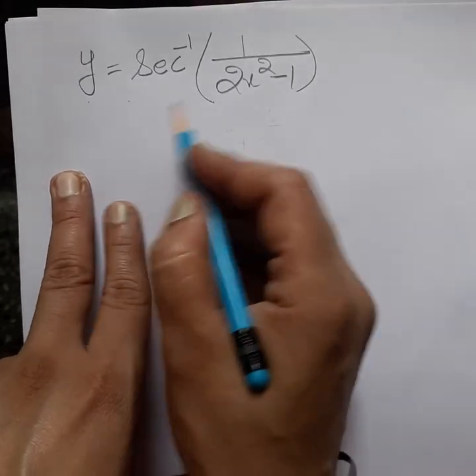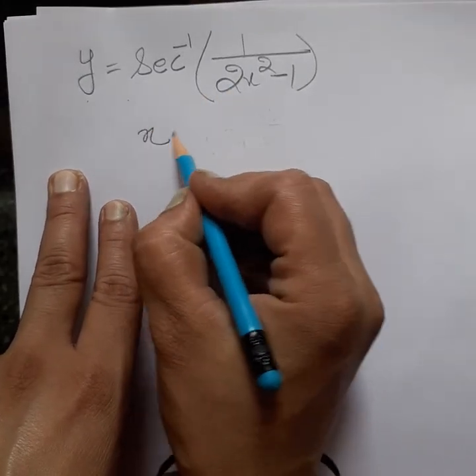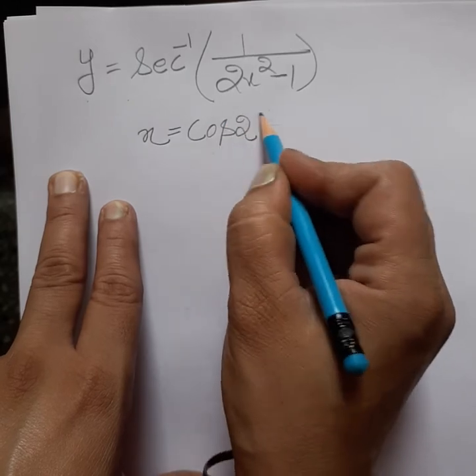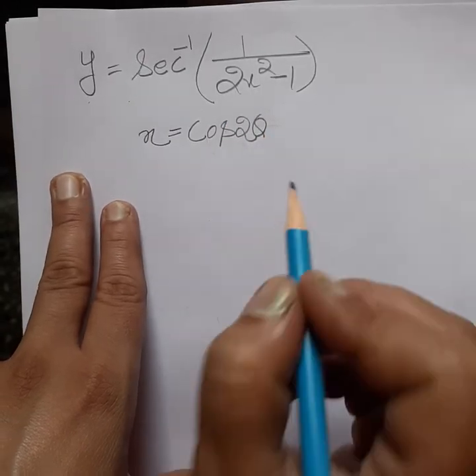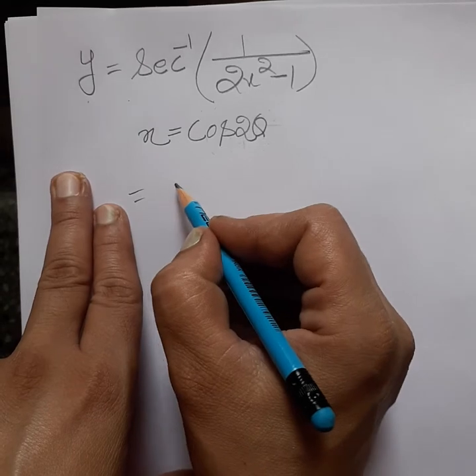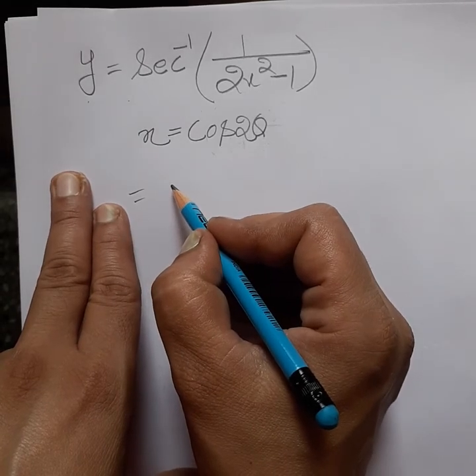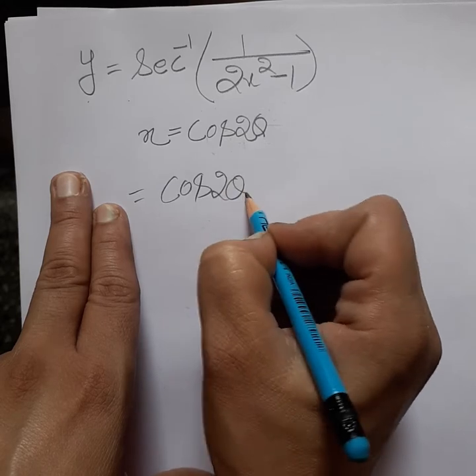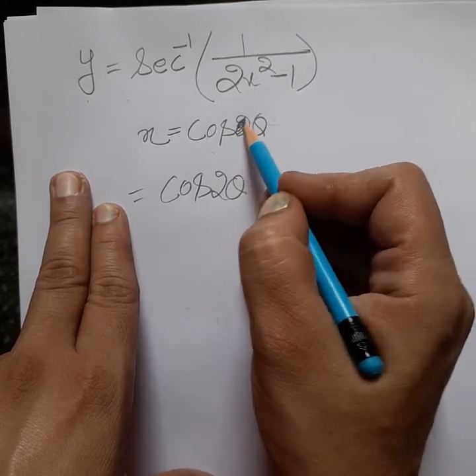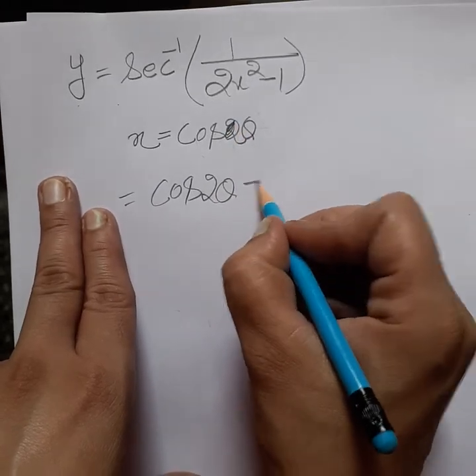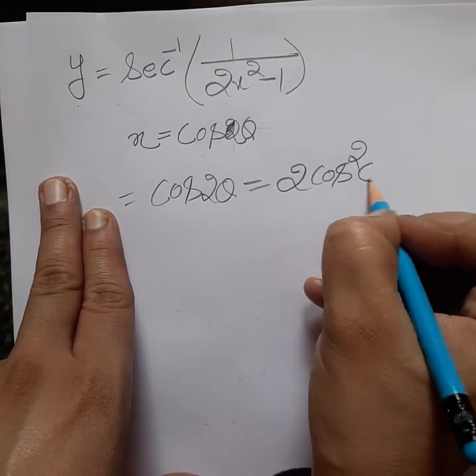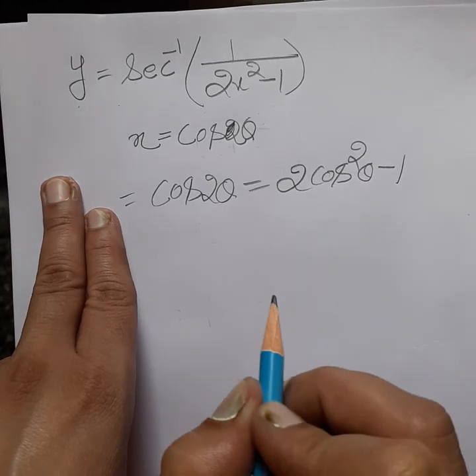For solving it, we place here x is equal to cos theta. Why do we place it? Because we know that the formula of cos 2 theta is equal to 2 cos square theta minus 1.